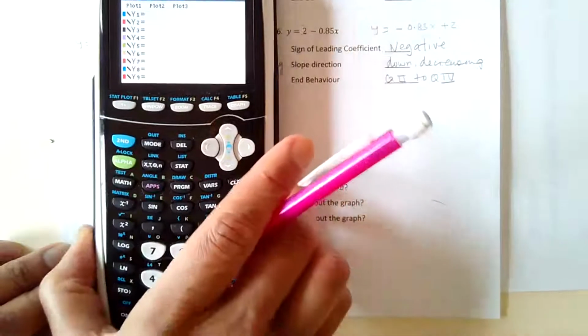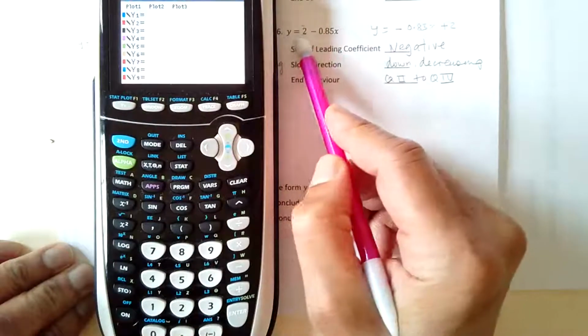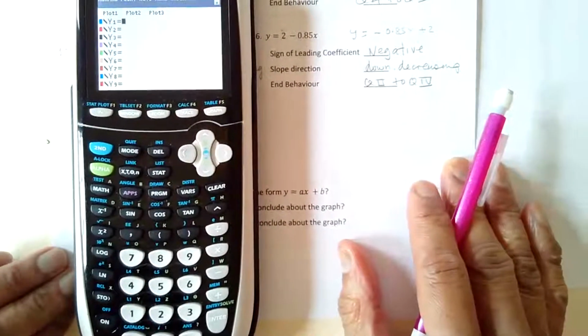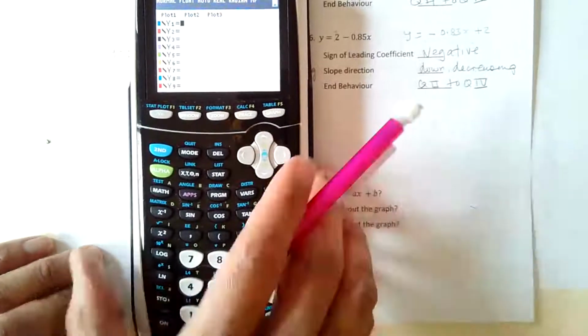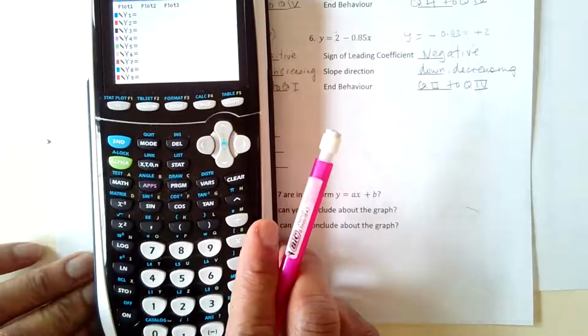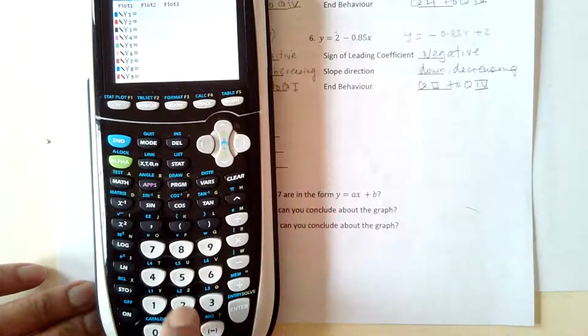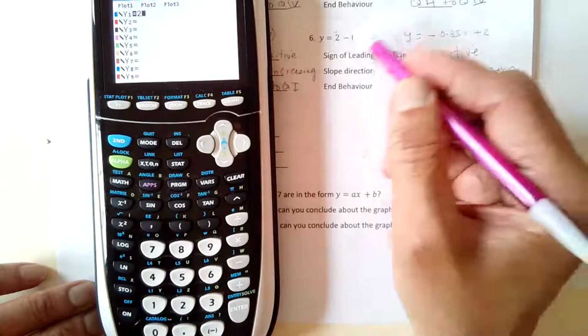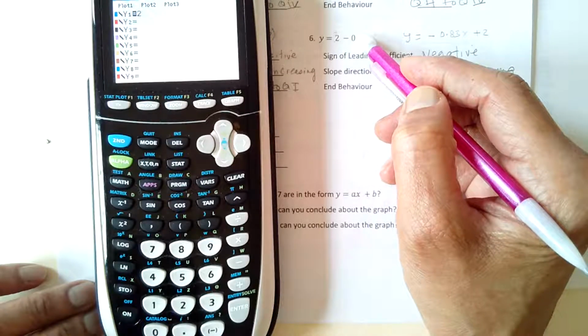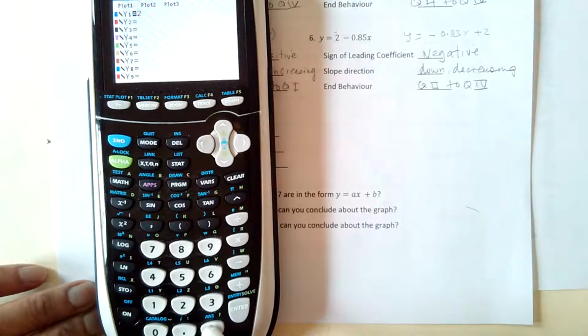Now I'll enter the equation as given, which is y equals 2. In this case, you don't have to use the negative sign below here.